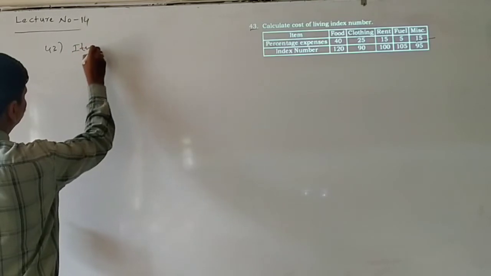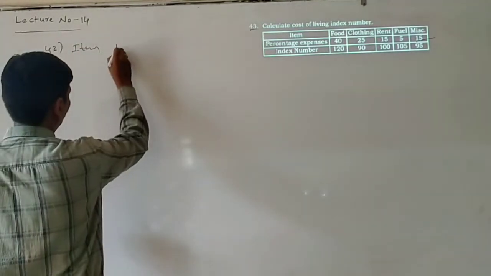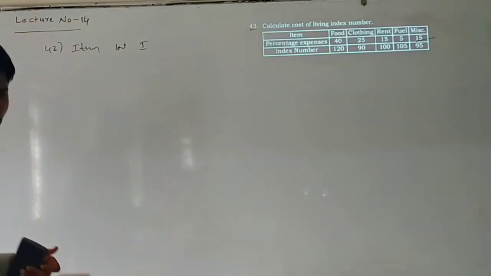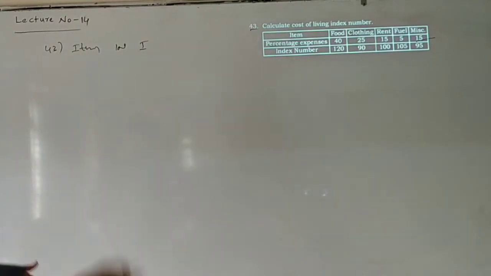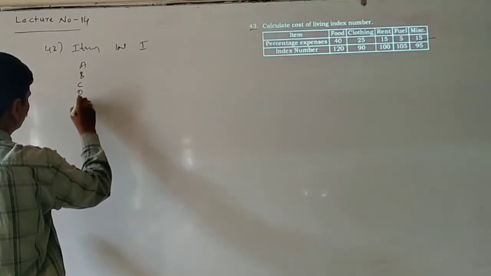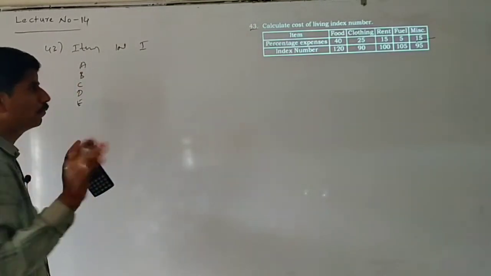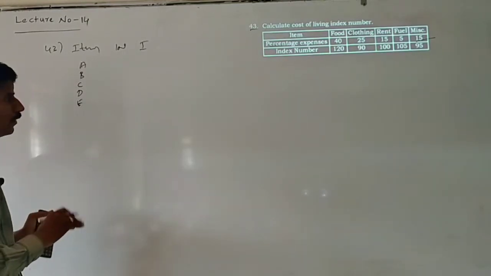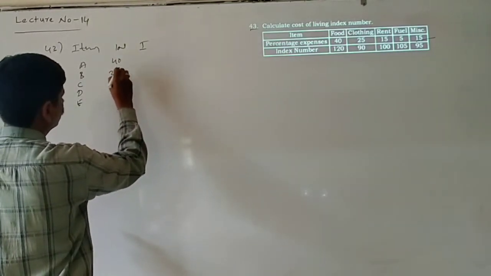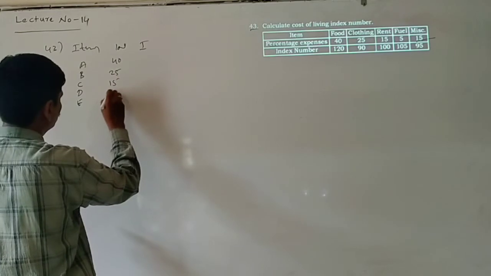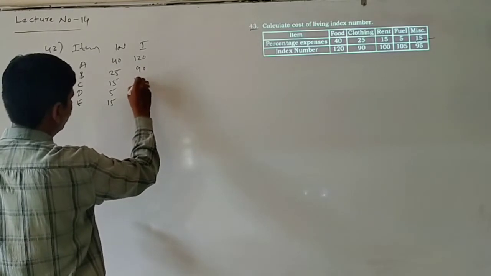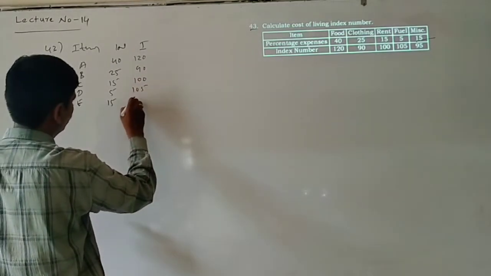Percentage expenses is nothing but weight, and index number is nothing but I. Here items A, B, C, D, E. Percentage expenses is nothing but W, that is 40, 25, 15, 5, 15, and index numbers 120, 90, 100, 105 and 95.